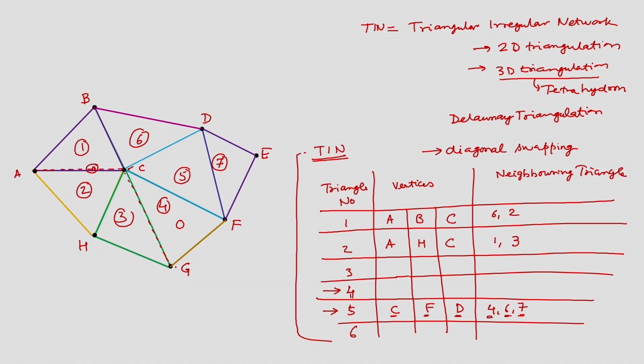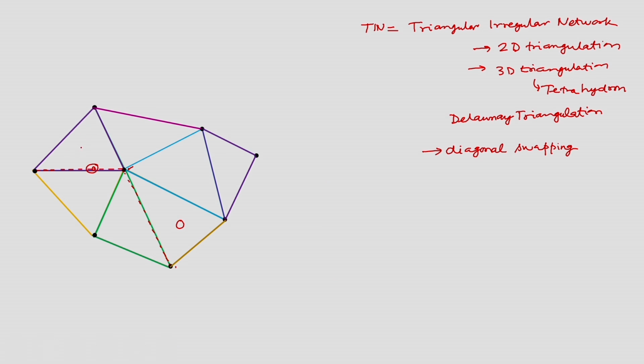We already know that these vertices have some coordinates, for example A, B, C and so on. A point has XA, YA, ZA. Similarly, this will have XB, YB, ZB and so on. So, using this information, I can find out any information that is to be interpolated from this data set or from this data structure. Each triangle has some Z value, so it is representing some kind of terrain.